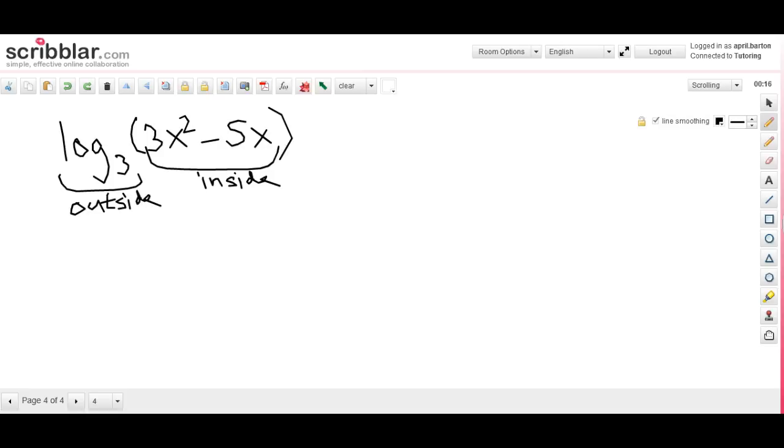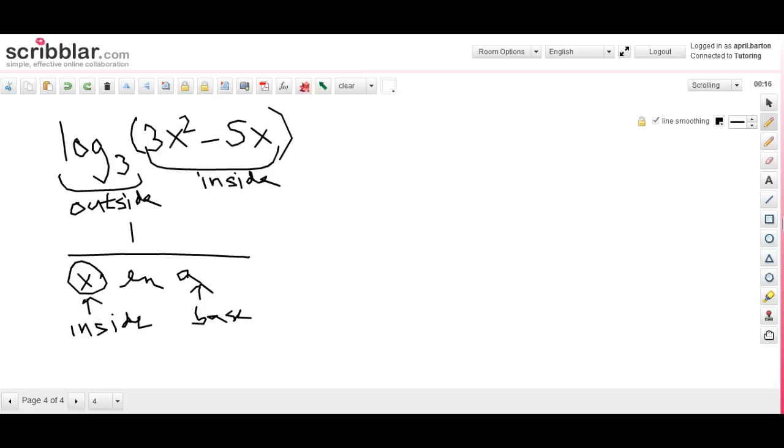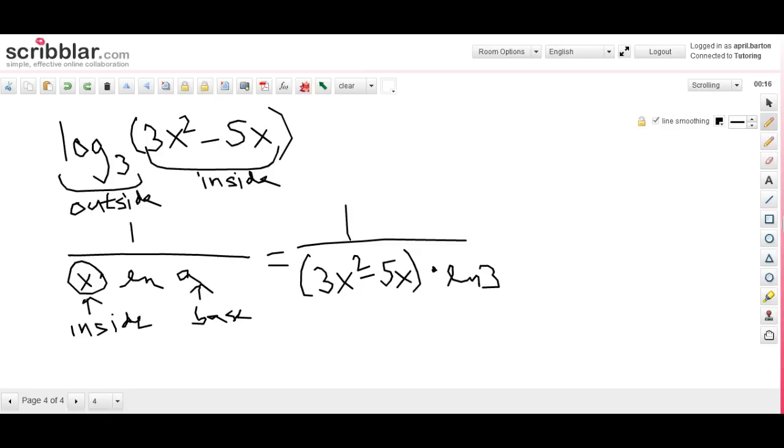So we do the derivative of the outside. Derivative of log 3 is 1 over, and usually it's x ln a. X is our inside stuff because we're evaluating at the inside. A was the base of our logarithm. So we would have 1 over, evaluating at the inside, 3x squared minus 5x, times natural log of the base, which was 3.